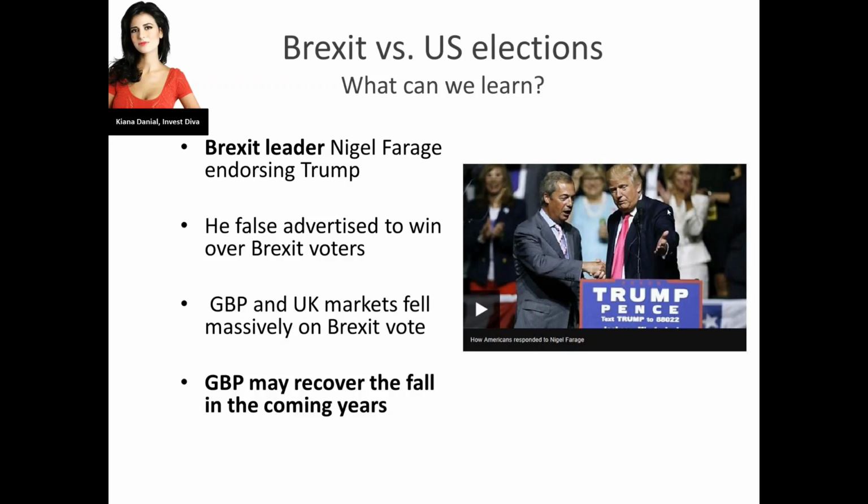But these two have a bunch of stuff in common. One is that they're both the underdog. Nobody thought that Brexit would happen. The polls showed that Brexit wouldn't happen and the voters wouldn't do it. And so is Donald Trump. Right now, Donald Trump is way behind Hillary Clinton in polls.